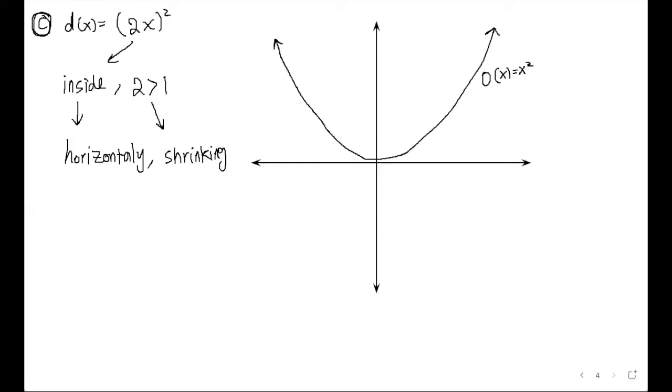So now we go back to the Cartesian plane to graph the function horizontally, something like that, horizontally and shrinking. So like this. This is shrinking, going close to the y-axis.